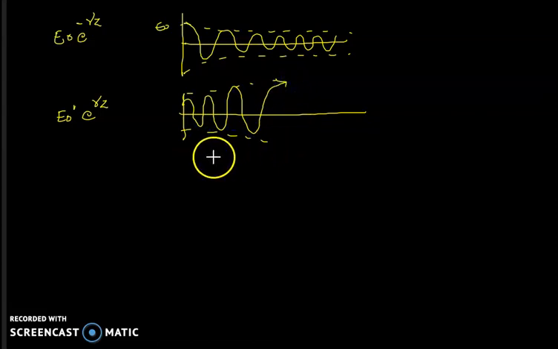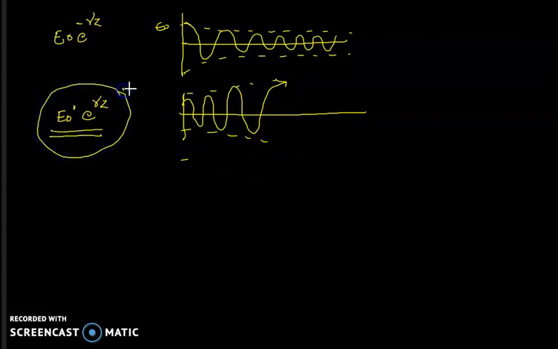But let us assume that this term eventually dies out, when E naught dash equals zero, because finally we have only one steady component, that is E naught. The amplitude of that component is E naught.